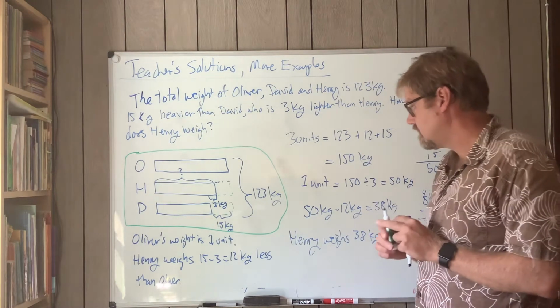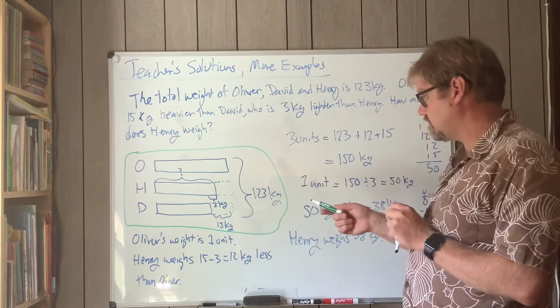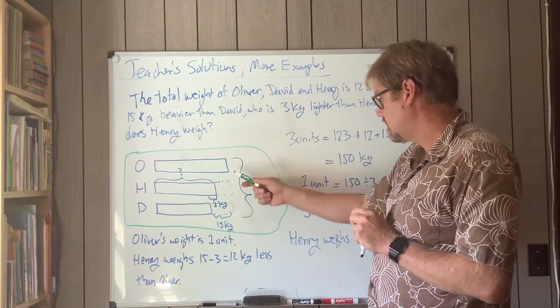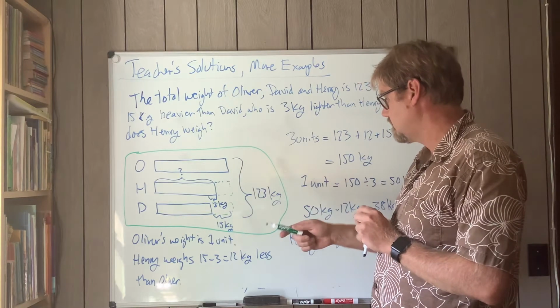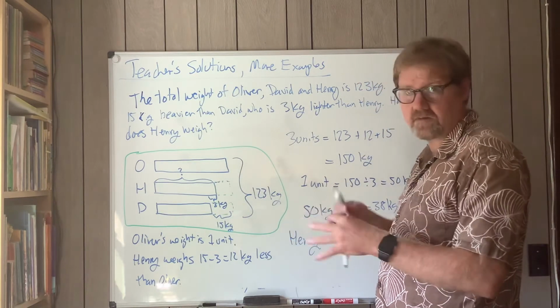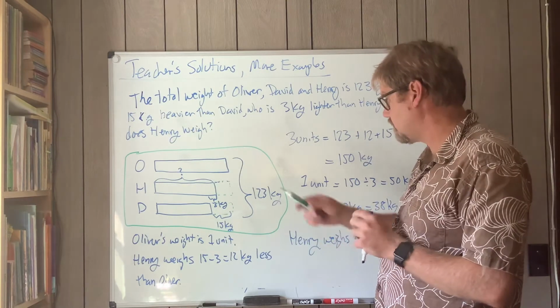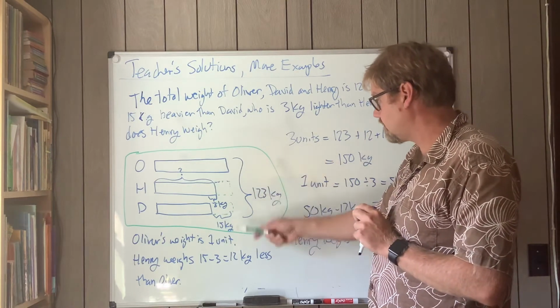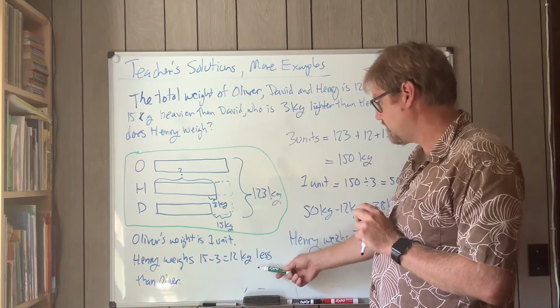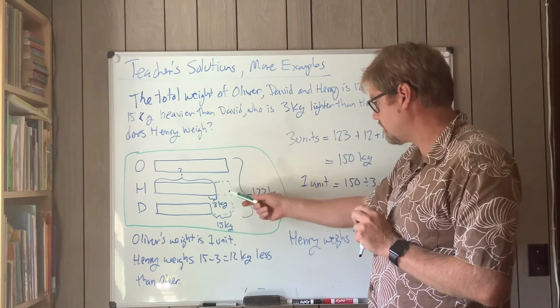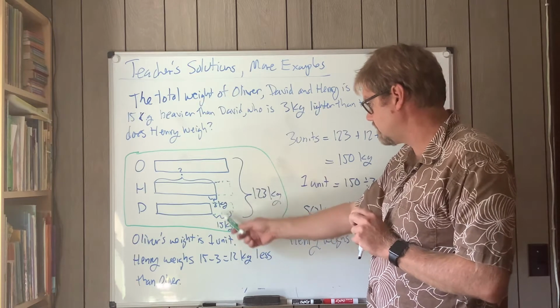Okay. And then the easiest way to do this is to think about, okay, if I have 3 bars that are the same, then I can probably figure out how much everybody weighs. So I'm going to say Oliver's weight, I'm going to call 1 unit up there. I figured out that Henry is 12 kilograms less because 15 minus 3 is 12.